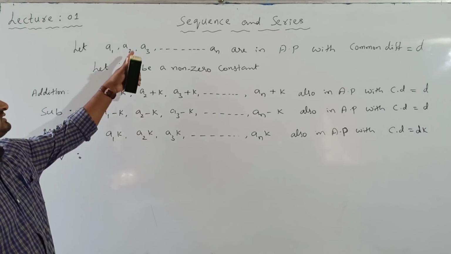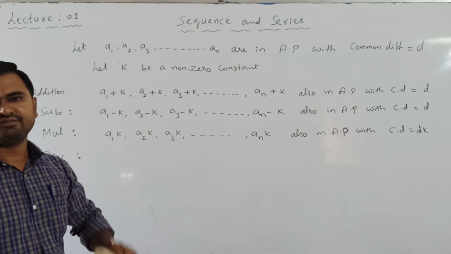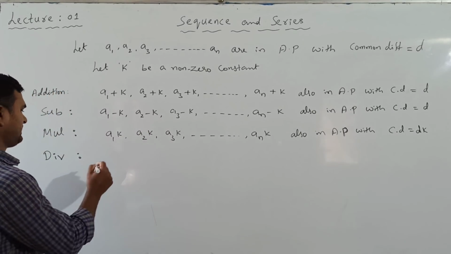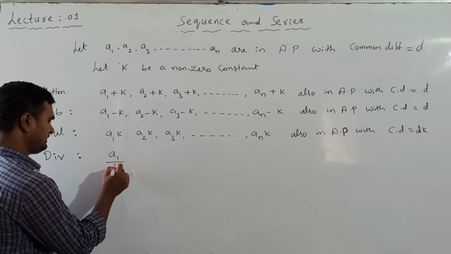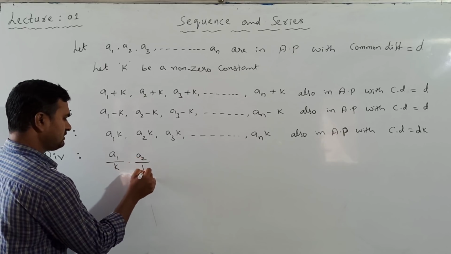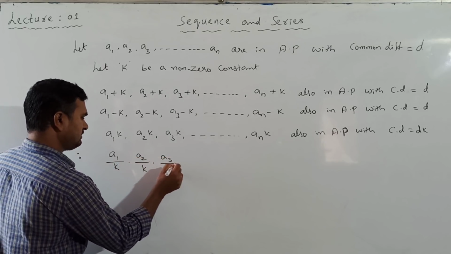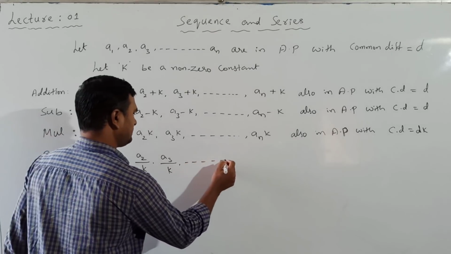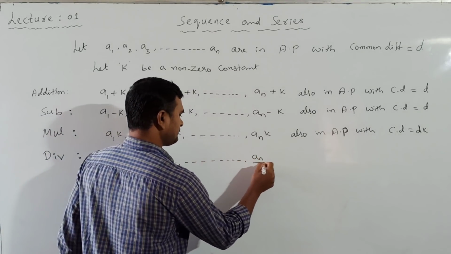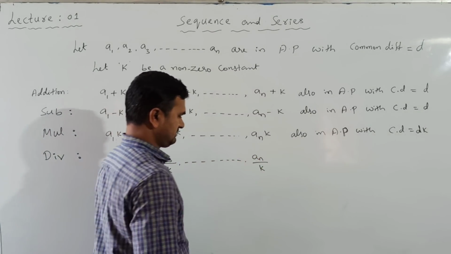again to each of the terms of the given arithmetic progression, if I divide by some constant k, that is a1 divided by k, a2 divided by k, a3 divided by k, and so on, an divided by k.